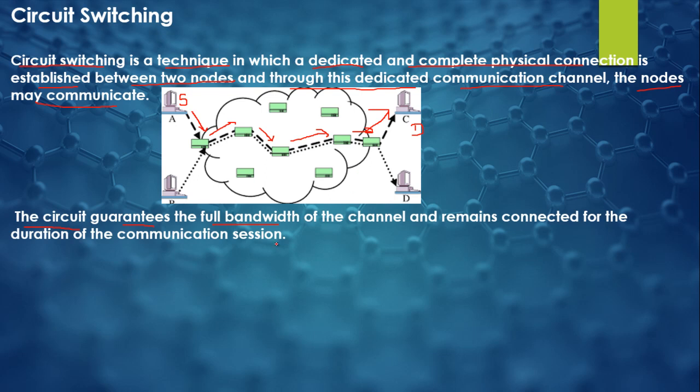So this circuit guarantees the full bandwidth of the channel and remains connected for the duration of the communication session. This connection is maintained till the communication between the A and C systems is completed. Once it is completed, this connection will break and we can use it for some other communication, like after that system B can communicate with system D through this communication line.